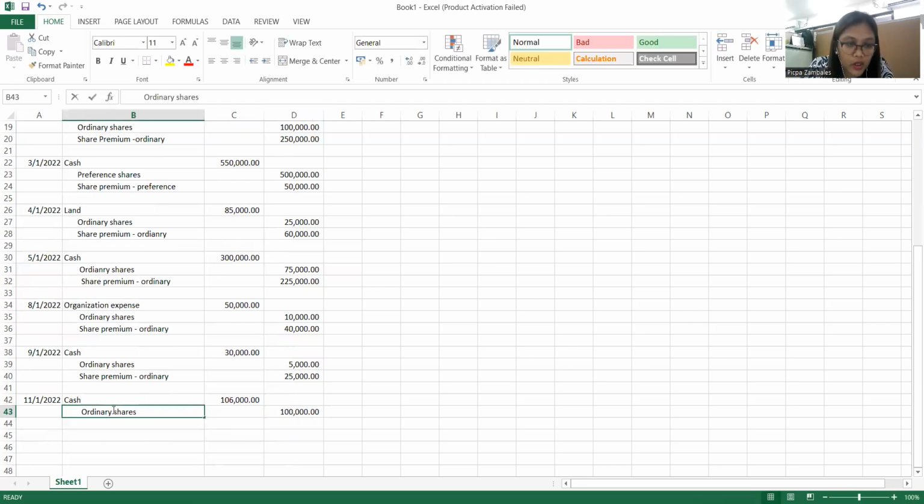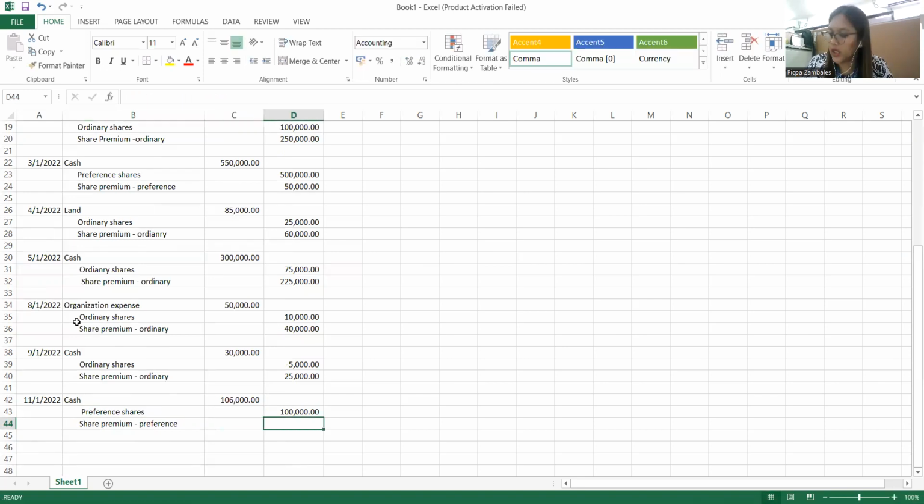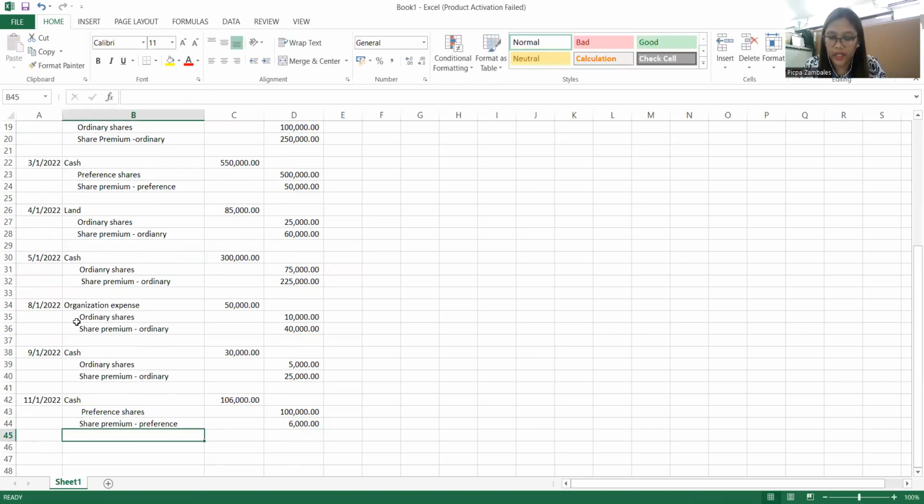So that's 100,000. So this is preference share. Okay. Then, of course, there's an excess of 6,000 pesos, which will be recorded as share premium preference share. 6,000. Okay, that's it. We recorded or we already journalized all the transactions, no?